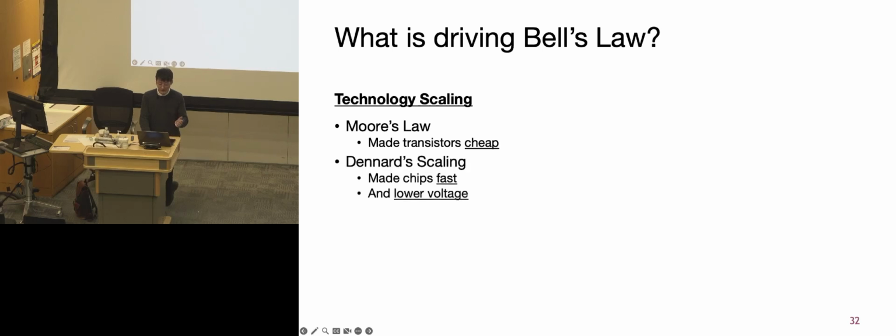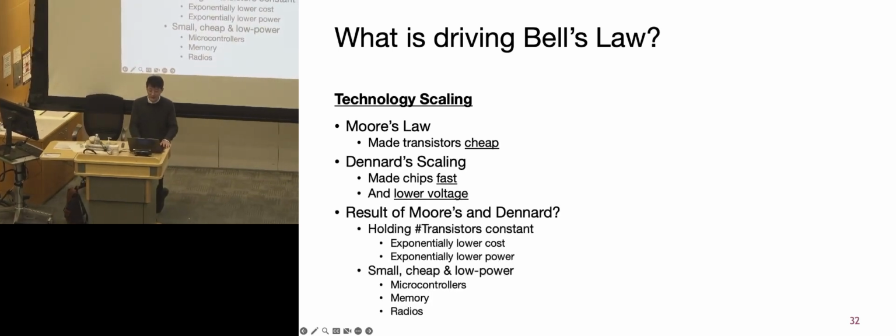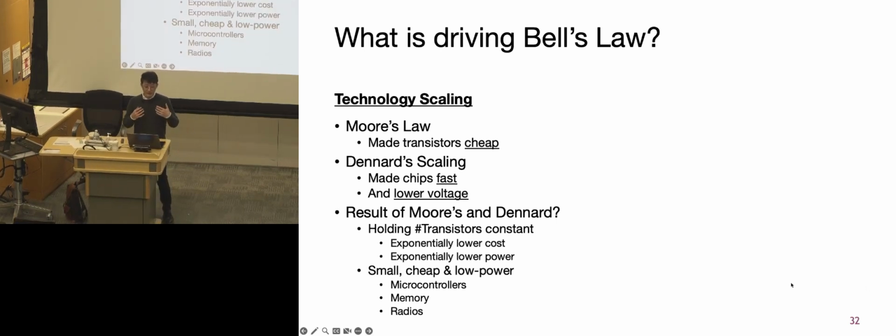So what's been driving Bell's law? As we said, technology scaling, Moore's law, and standard scaling. As a result of these two, with the same number of transistors, it became lower cost and more efficient in terms of power.